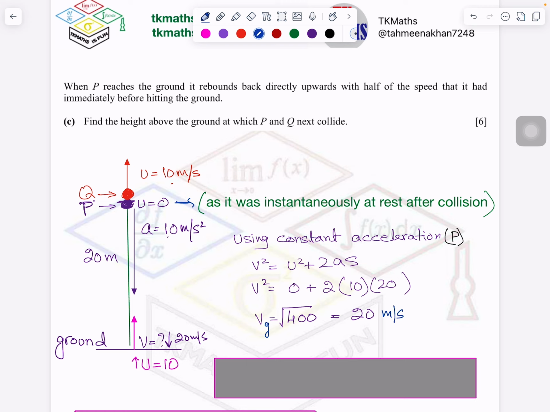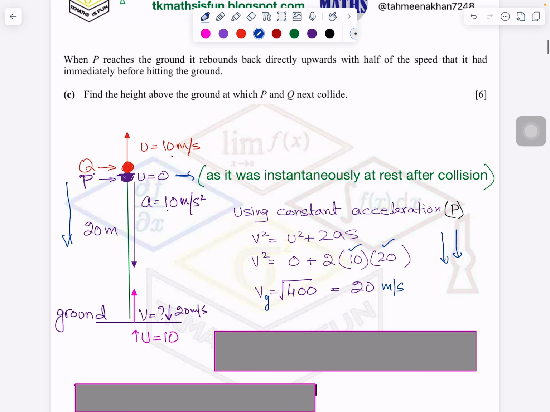You have seen I have written s equals 20 and I have taken a equals 10. You know why I have taken s as 20 and a as 10? Because a is also plus and s is also plus, because they both are acting downward from this point, so I have taken the sign plus for both of them. Like I said in the beginning, for the same directions we take the same sign. Or you can take both negative, it will be the same. So I found the velocity is 20 meters per second.